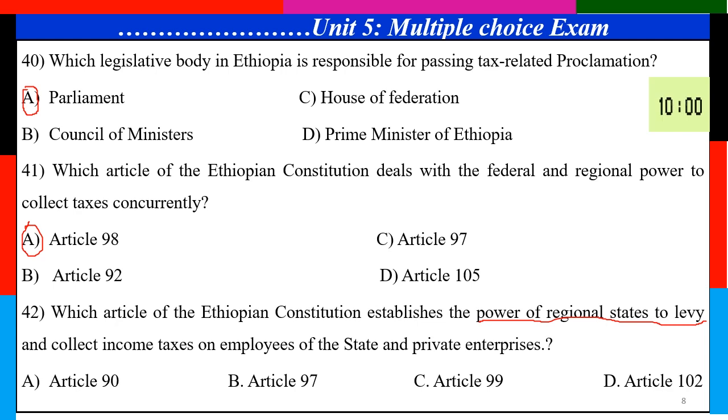Right answer for this question is Article 97, which is the power given only for the regional states in order to what? Levy and collect taxes on the employees of the state, employees of the regional, that means, and the private enterprise, which may be practiced in that region.